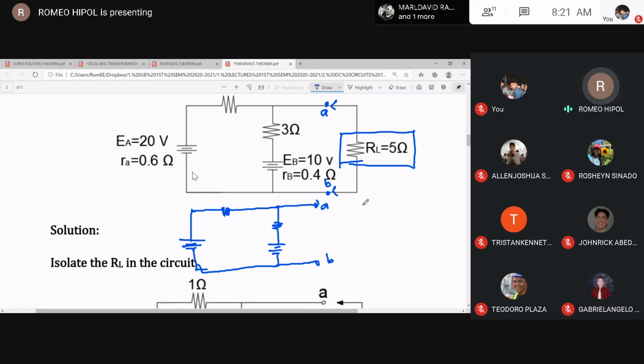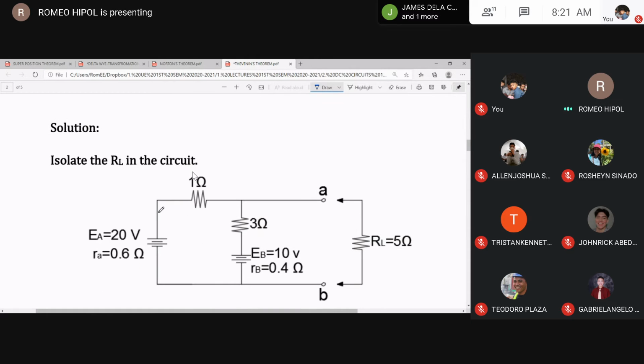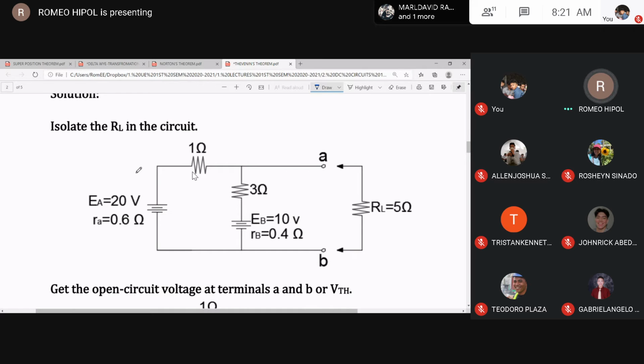Tatanggalin natin yung load RL. Okay, next step. Isolating the load RL. So, ito na yung naging new circuit to be considered.